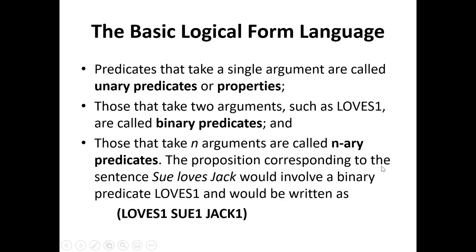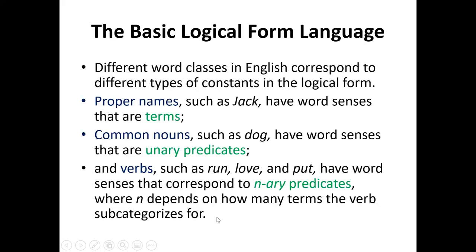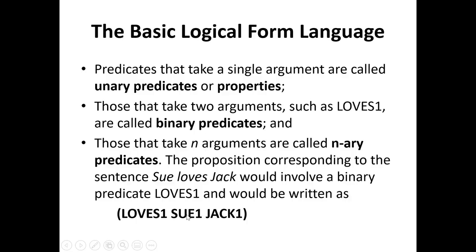The proposition corresponding to the sentence Sue loves Jack would involve a binary predicate, and we can represent it as loves1 Sue1 Jack1. So Sue is represented as Sue1 and Jack is represented as Jack1. So this is the logical form of the sentence Sue loves Jack.